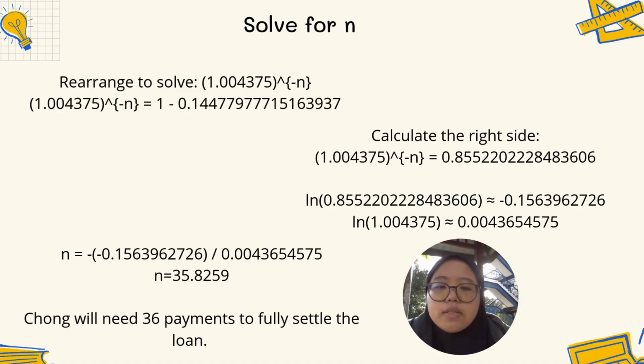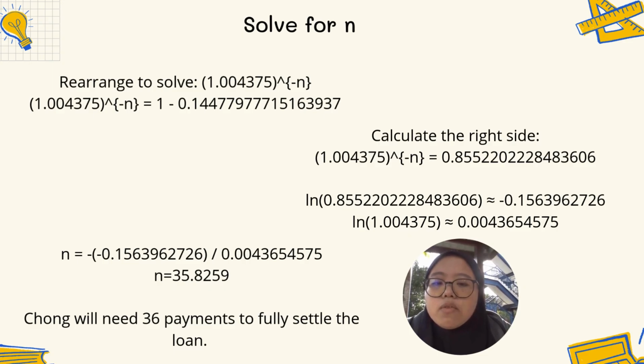Next, calculate the right side: (1.004375) to the power of negative n equals 0.855220222.